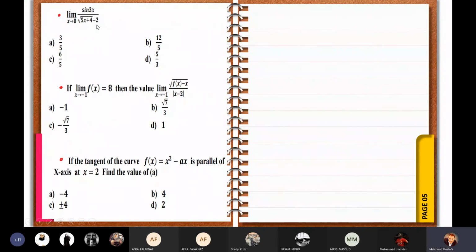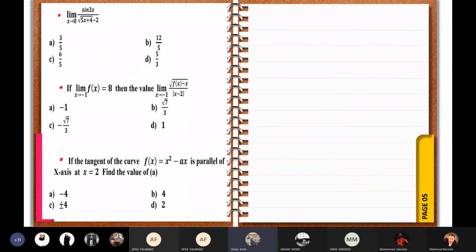Now we need the limit of sine 3x over square root of 5x plus 4 minus 2. What to do now? We can use two methods.